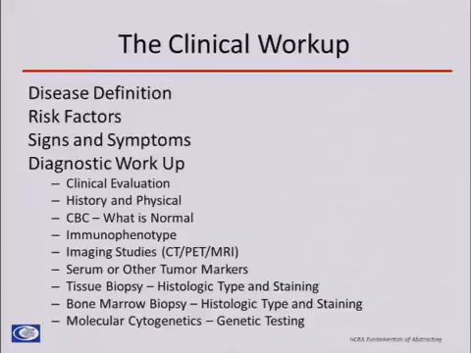How long have these symptoms been going on? Do you have a family history of a certain type of disease? Those things. Now, we're going to talk about CBC and what's normal and what's not. But this is kind of the order that these tests go. And the further down you go, the more specific the diagnosis becomes. And with molecular cytogenetics, the genetic testing with the specific translocation of the genes, you can't get much more specific than that.